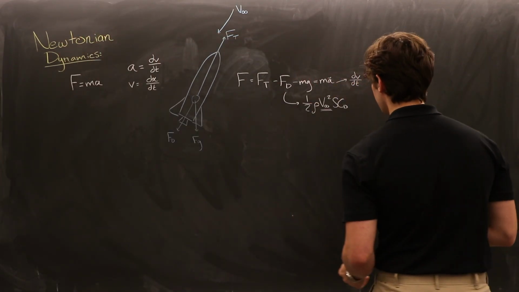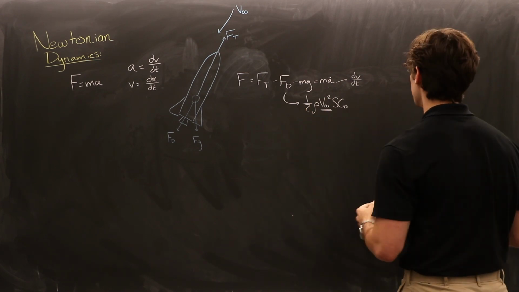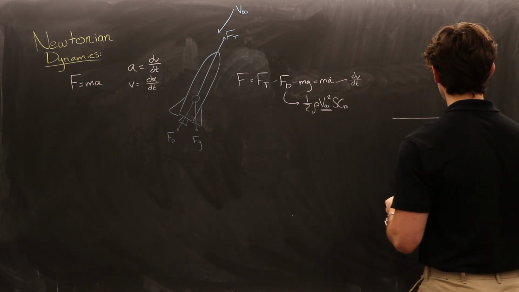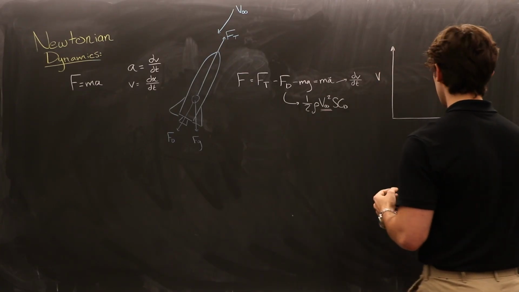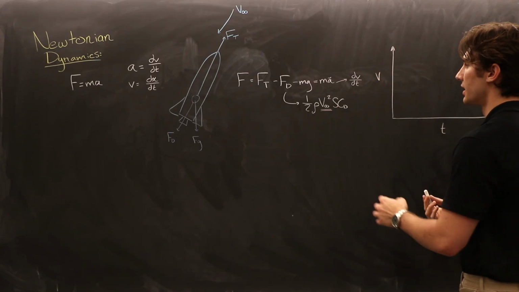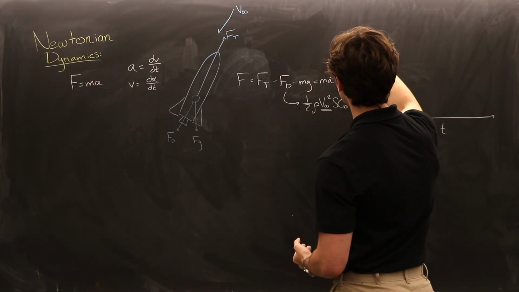What we're going to do in this case is think about doing this in small chunks of time. If we think about what our velocity is going to look like over time, to get an approximate solution we'll start at time 0 when the rocket's on the ground.